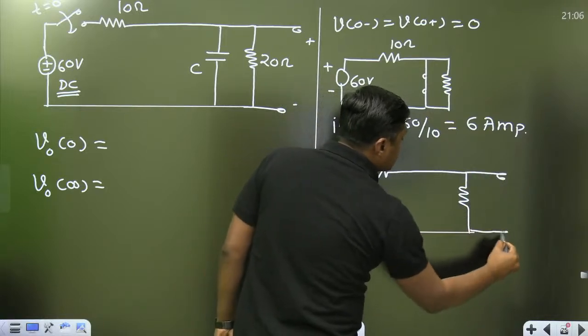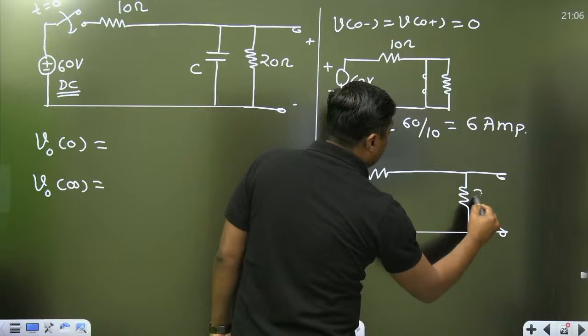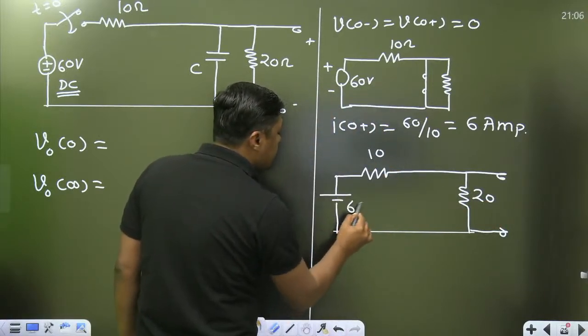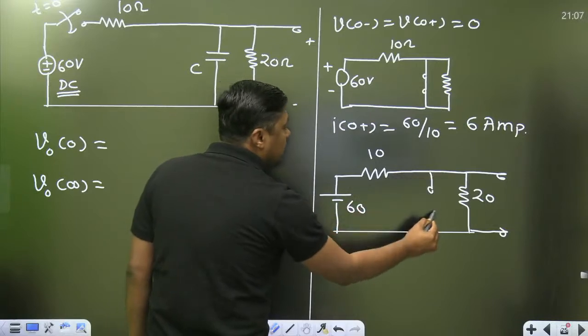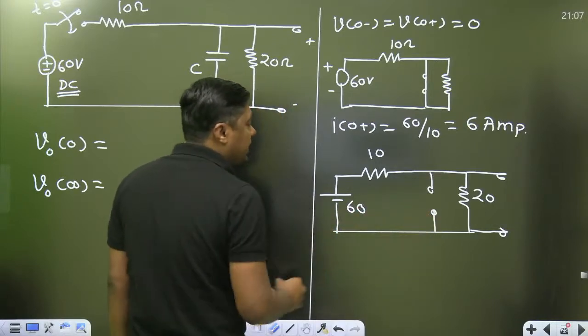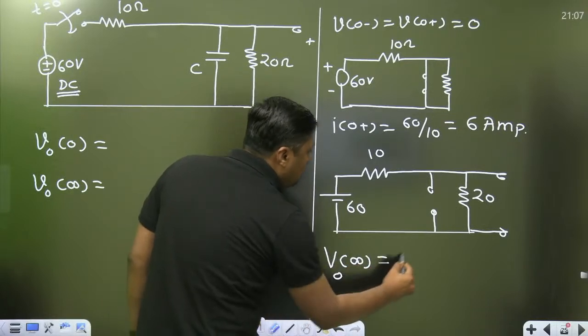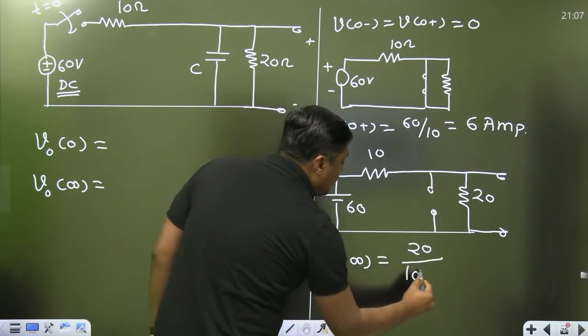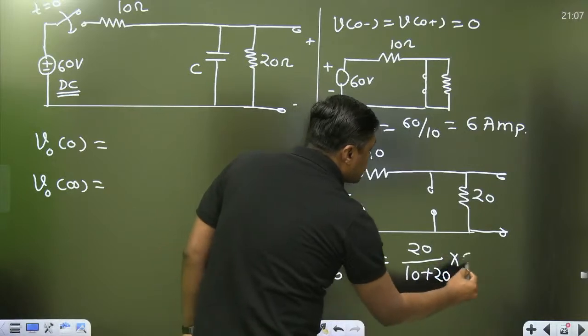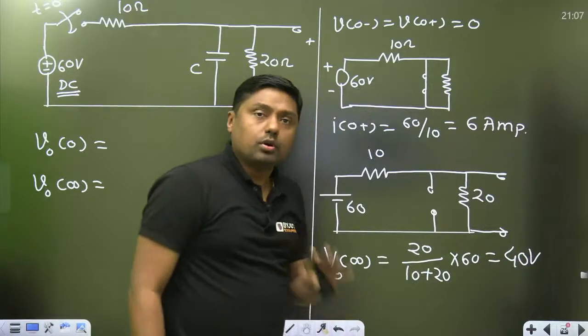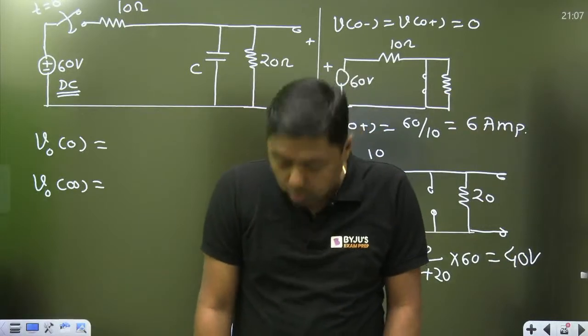This is the 20 ohm, this is the 10 ohm, this is the 60 volt DC voltage. So the final voltage is 10 divided by 10 plus 20, into 60, which is 40 volt. This is the answer, 40 volt, everyone.